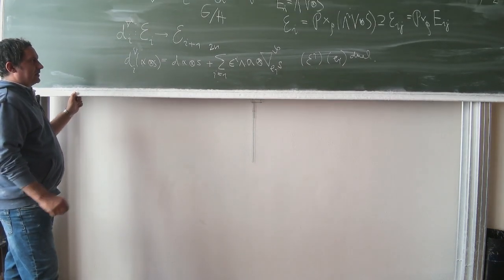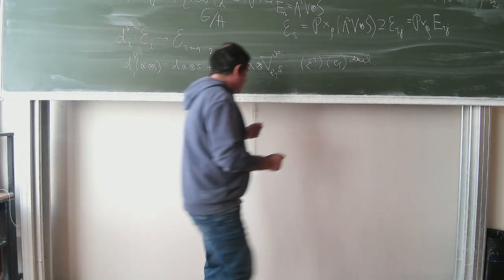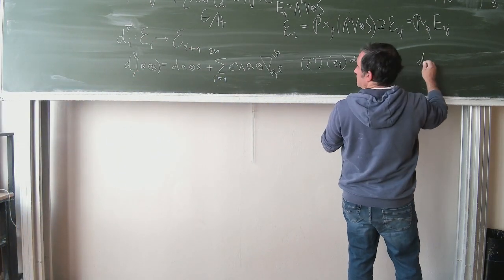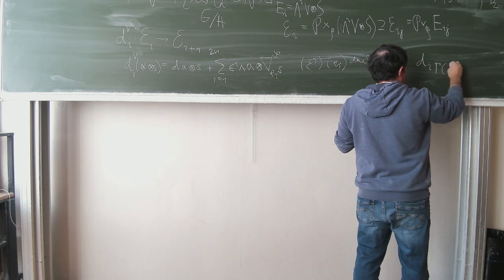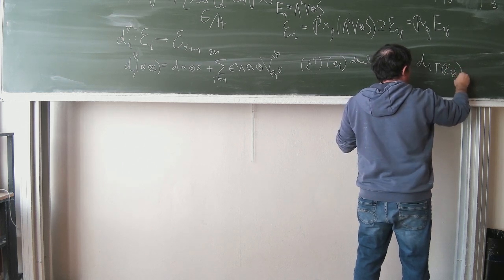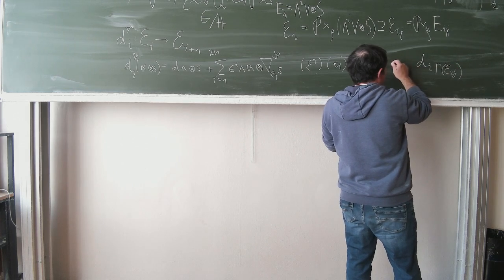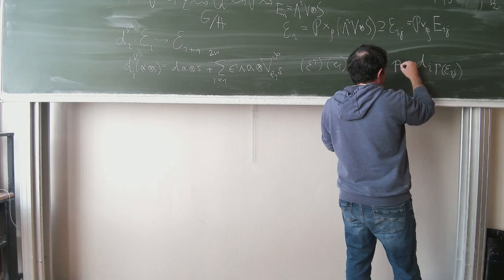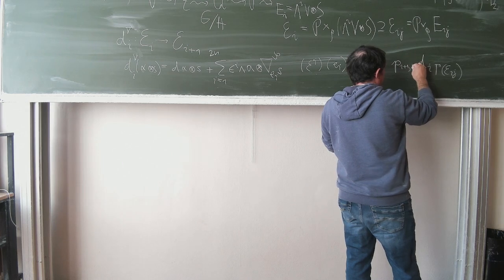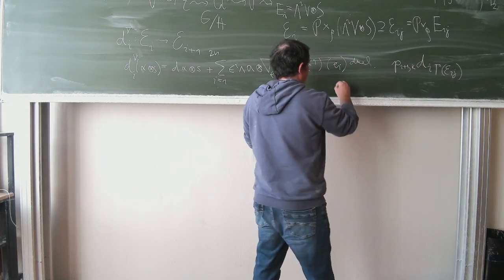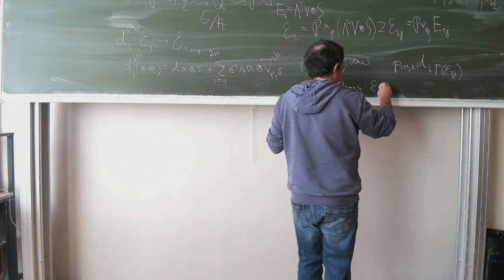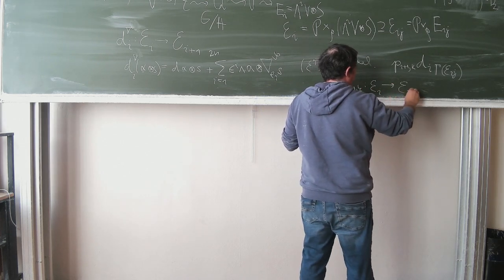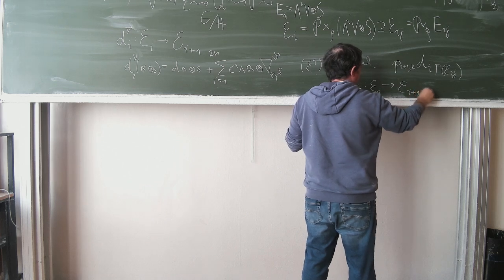We can restrict, let me use this place, we can restrict to sections of gamma A_ij and project it to sections of E^(i+1)_k, where P^(i+1)_k is just the projection of E^i onto E^(i+1)_k.